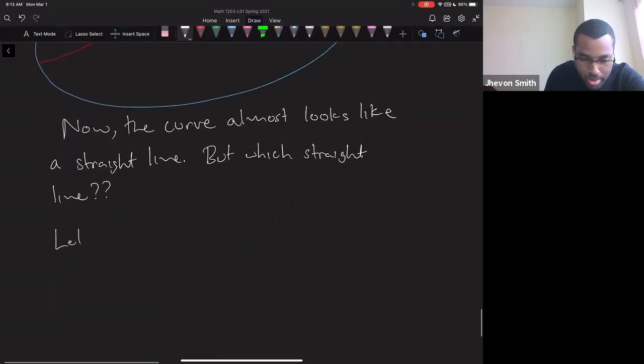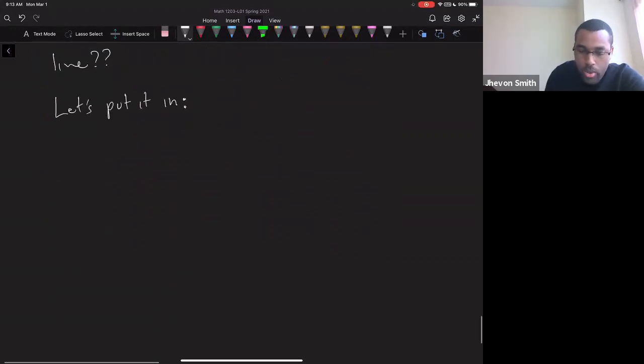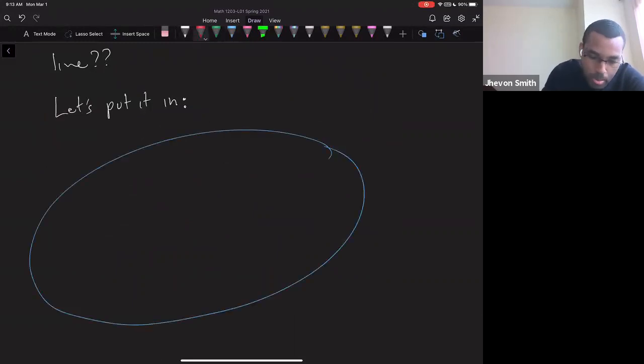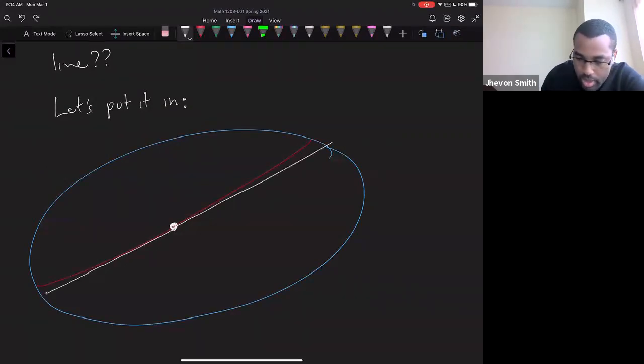Let's make it up. So I go in here and if I zoom in far enough, my curve starts to look very flat, starts to look like a line. So whatever line it starts to look like, let's superimpose that on the picture. So this guy is the line it starts to look like.